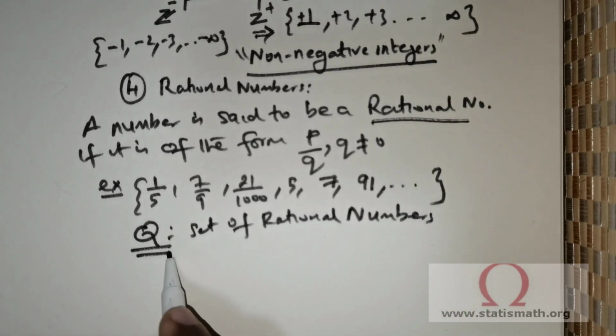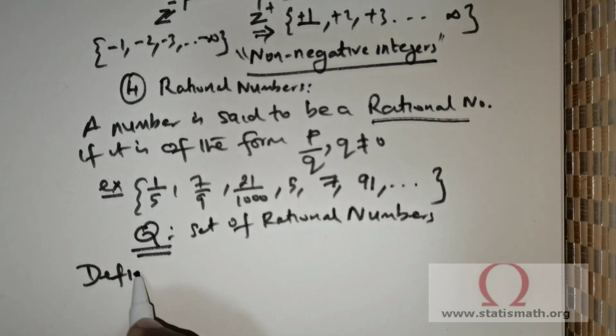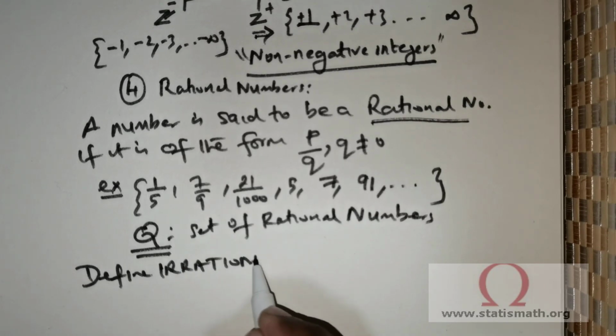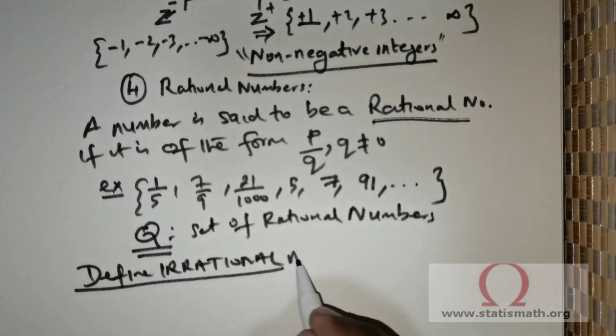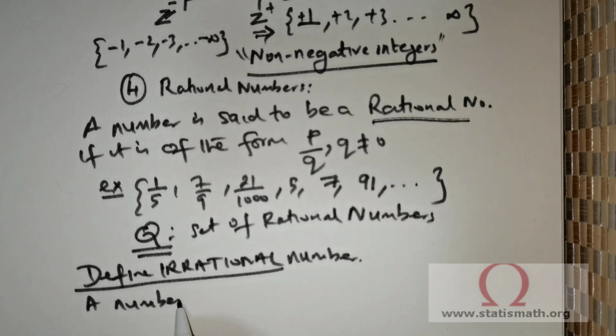Now we have to know what an irrational number is. Let me define it.